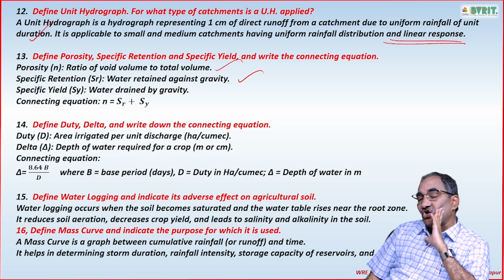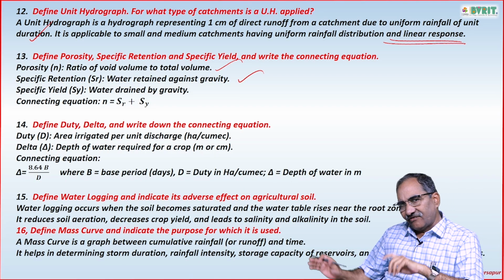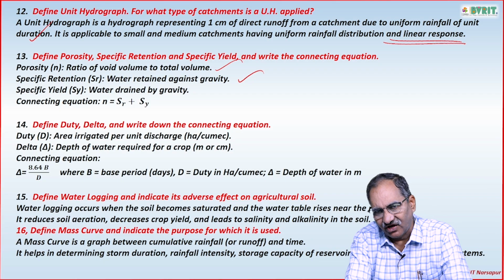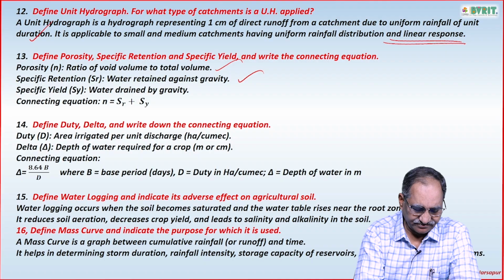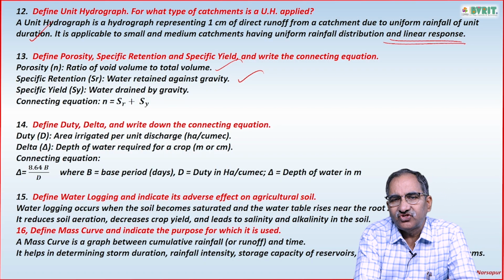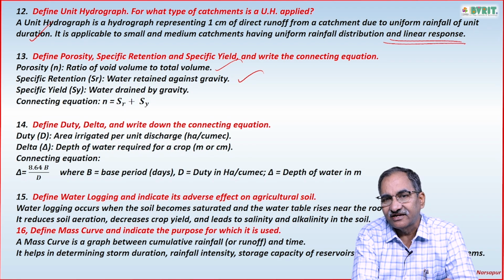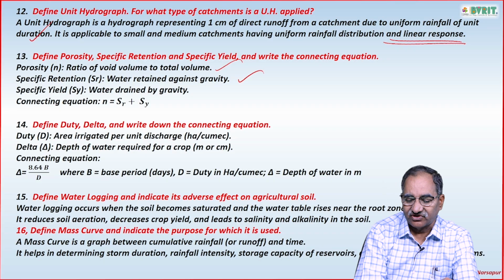It is the ratio of volume of water retained against gravity to the total volume. Specific yield is the ratio of the volume of water that is drained freely by gravity to the total volume.